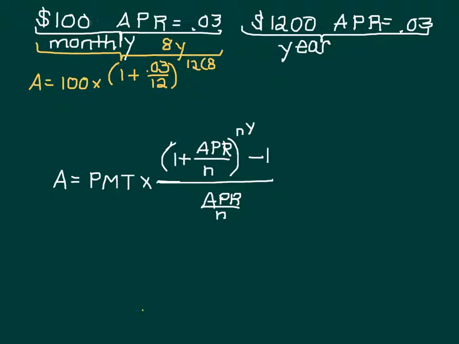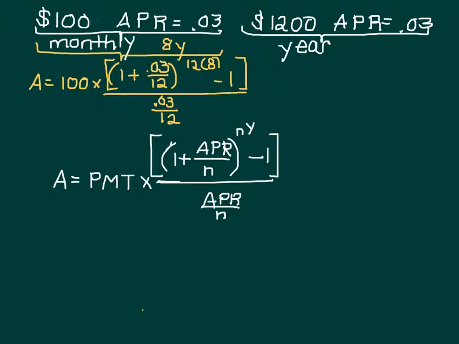N is 12, the number of years is 8, and from this we subtract 1, and let's put a brace around this because this is the entire numerator, and we divide this by another fraction, which is the interest rate divided by n, which is 12. This is how much money Yolanda will have after 8 years. And I should put a bracket around this.